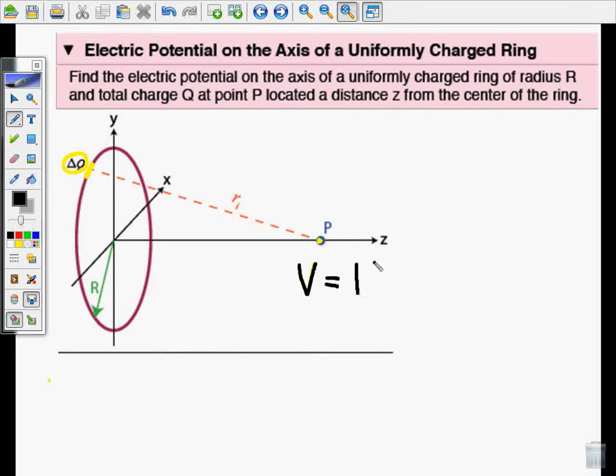So it would just be K times delta Q all over R sub i. That's not the voltage of the whole thing, so maybe I should call that delta V.